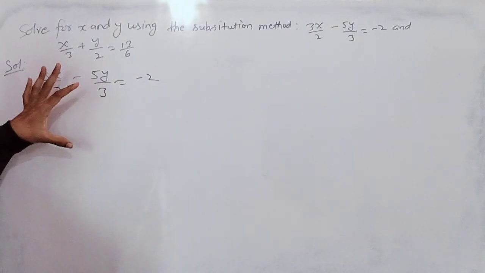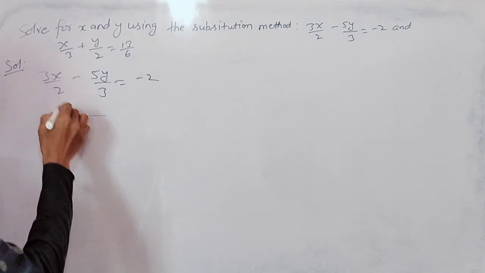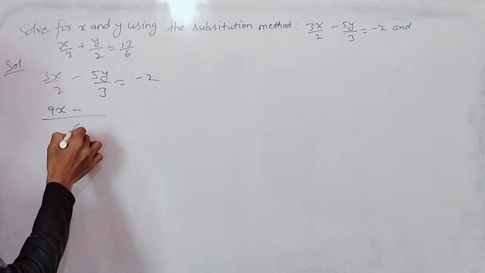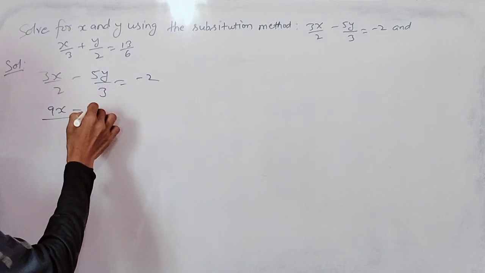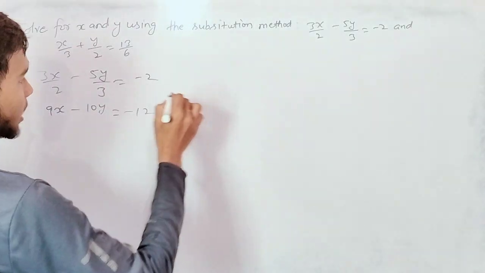As you know, the LCM is 6, so you can directly write minus 12.